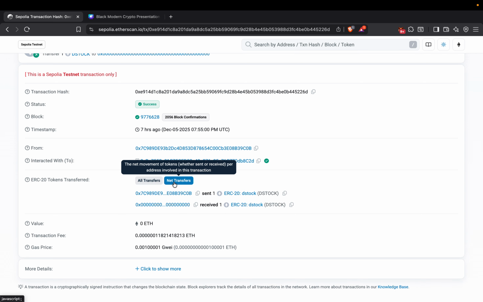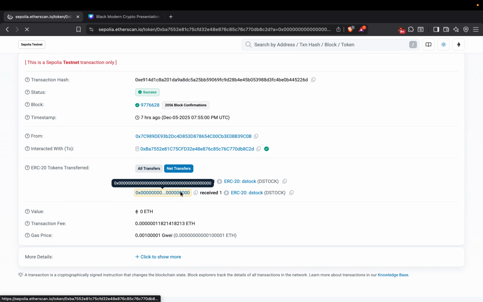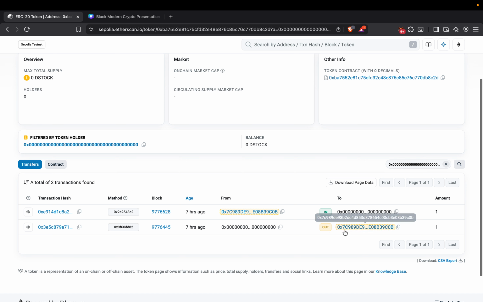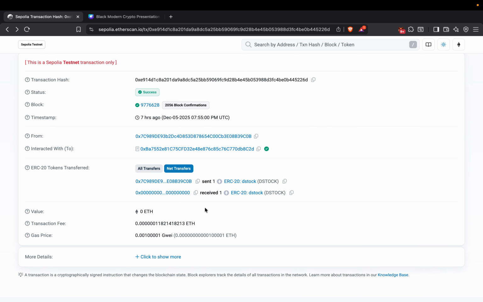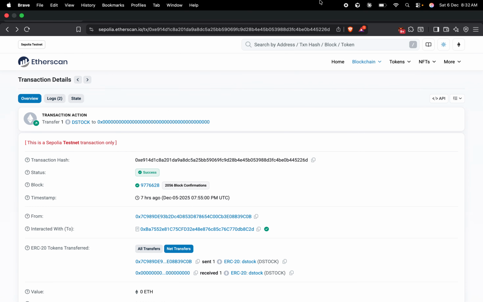And if we go to the token transfers, you can see then we had transferred 1 dToken to the requested user while the US market was open. So this was all about the project, and I hope you understand the project.